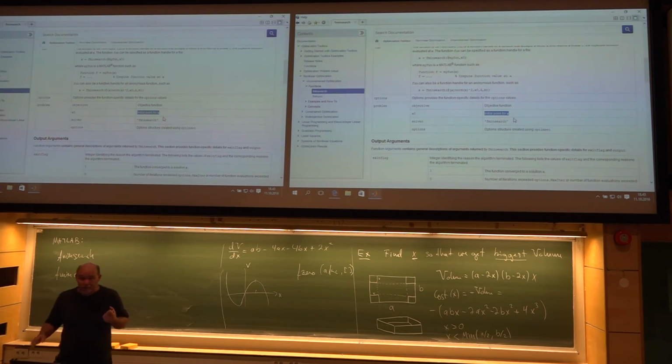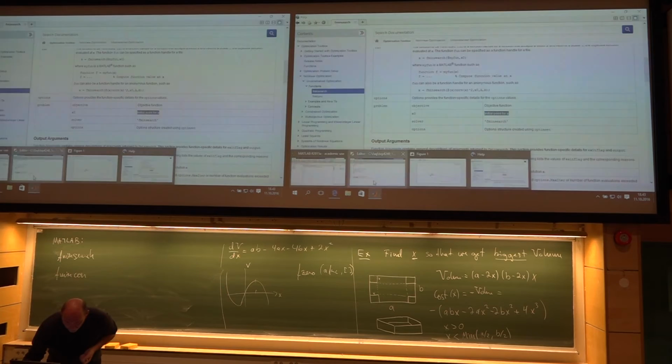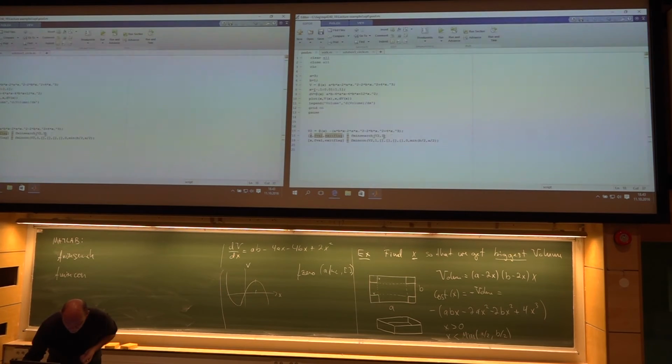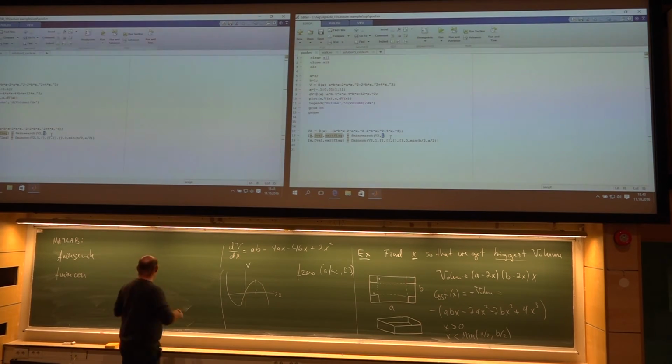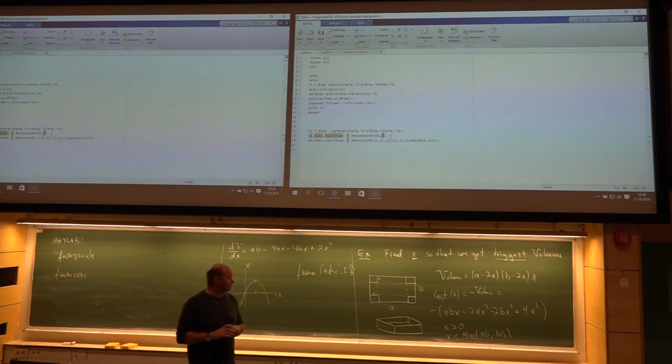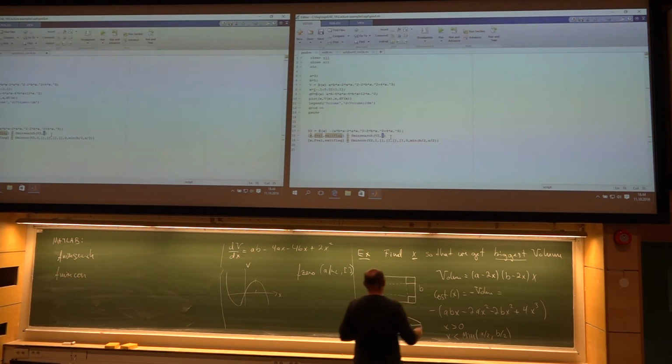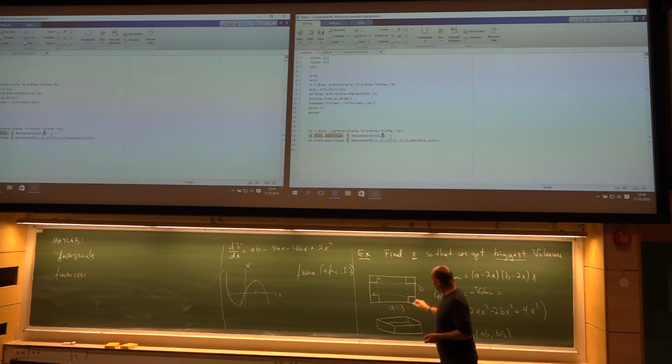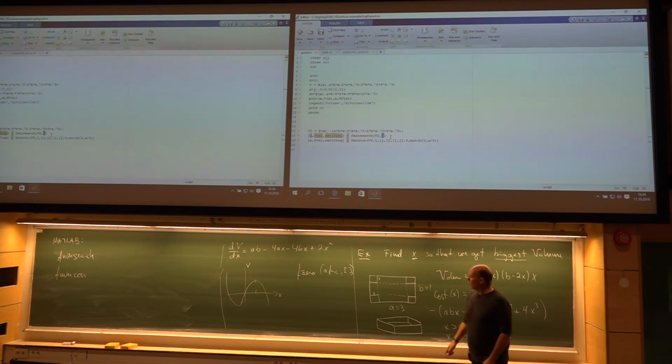Other questions? So actually you can see from the code here, I've done something stupid. I told it with this fminsearch, find the solution around 1. But I told it that a was equal to 3, and b was equal to 1.